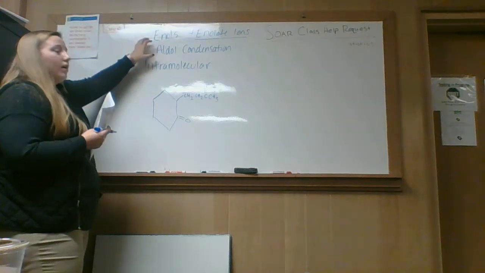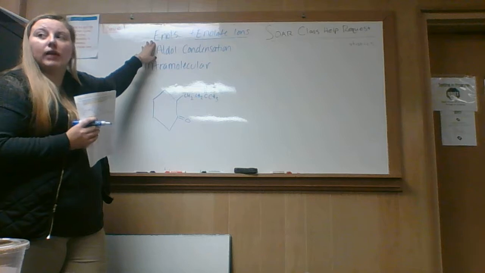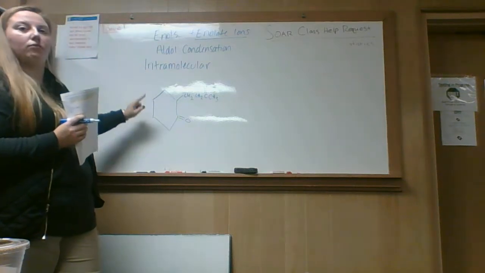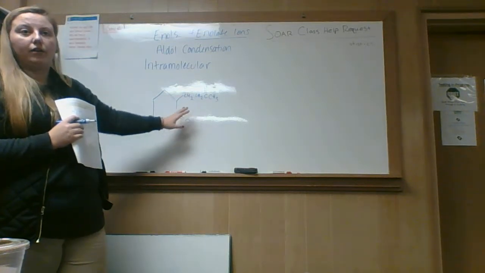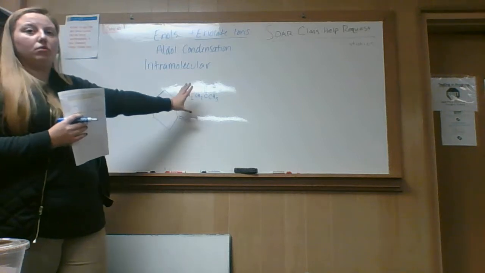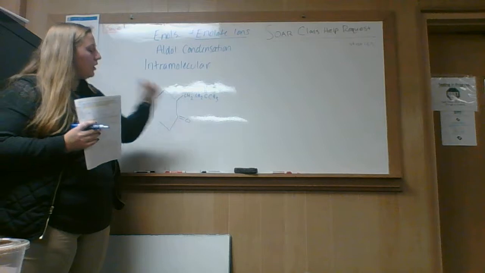If we think back, an aldol condensation starts off when 2 aldehydes or ketones react with each other. So in intramolecular aldol condensation, you have one molecule that has 2 aldehyde or ketone groups, 2 carbonyl groups. This is an instance of 2 ketones, right? Because we've got internal, internal.